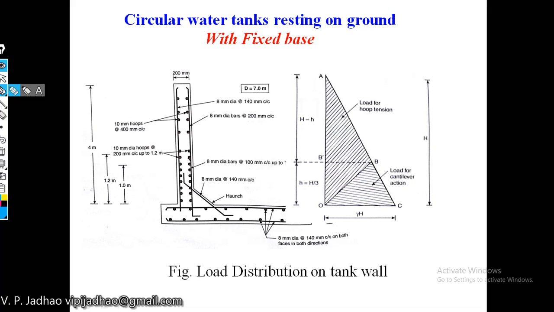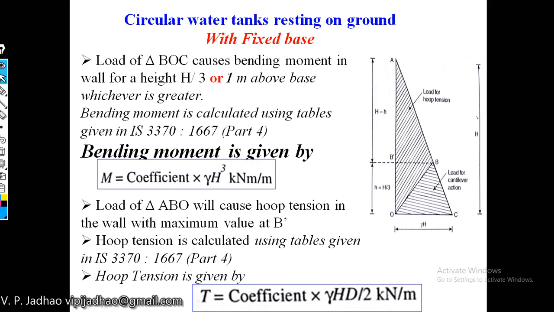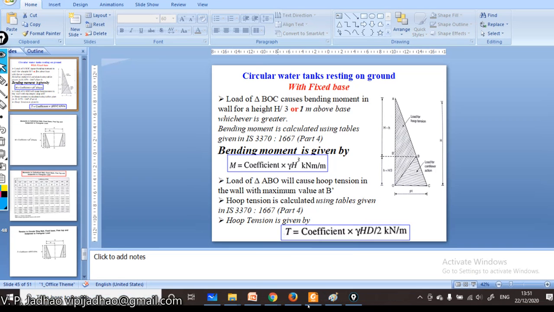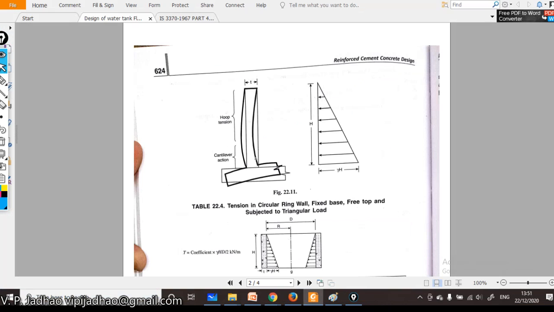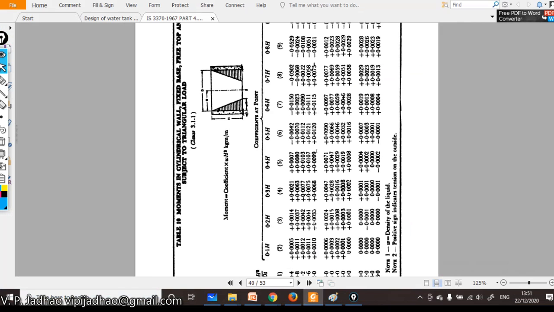Now for design of a water tank by using the IS code method, we have the IS code IS 3370 part 4, which gives some design tables.